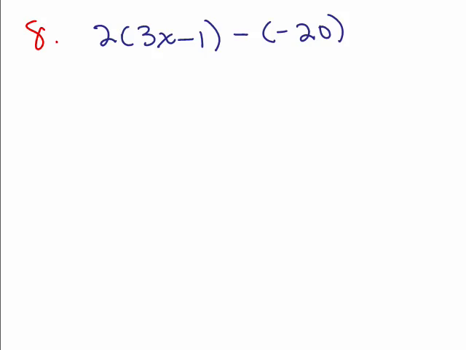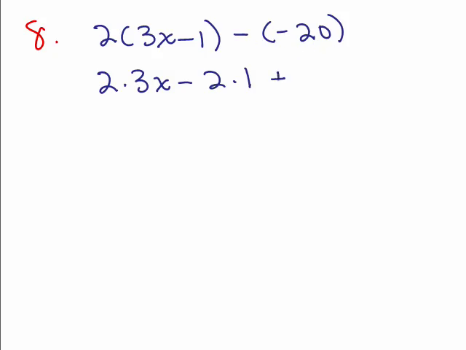First you do inside the parentheses, but they're unlike terms. The distributive property is just a way of multiplying when you can't simplify inside the parentheses. So we're going to have 2 times 3x minus 2 times 1. But there's no distributing here. This is just saying minus a negative 20. This is just dealing with positive and negative numbers.